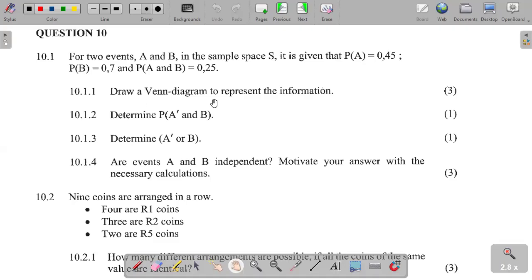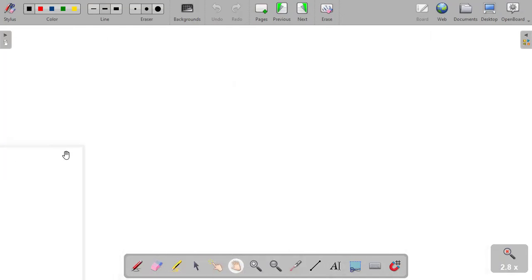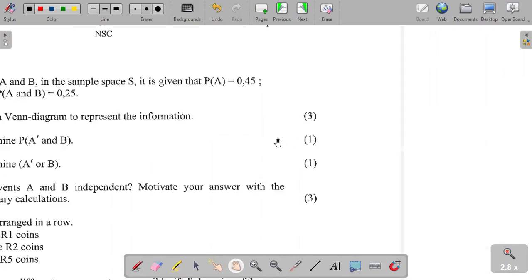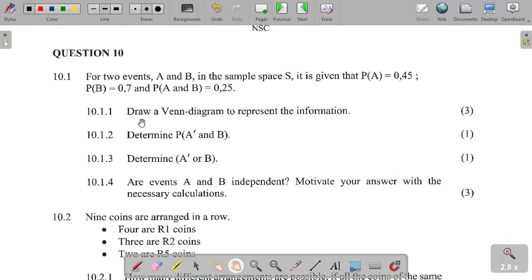Draw a Venn diagram to represent the information.